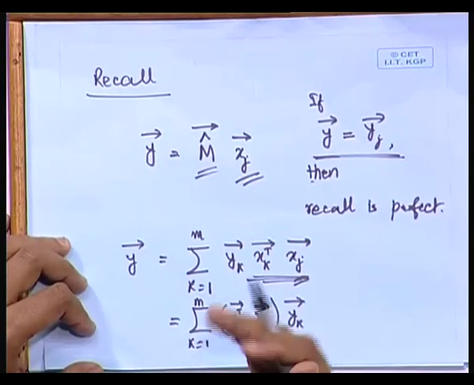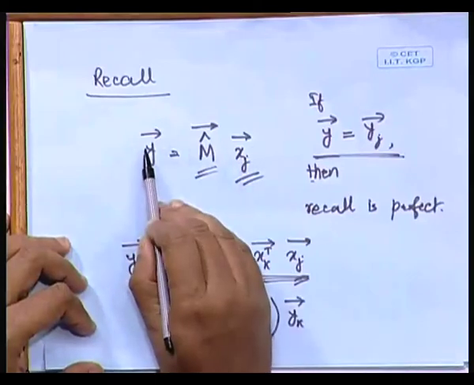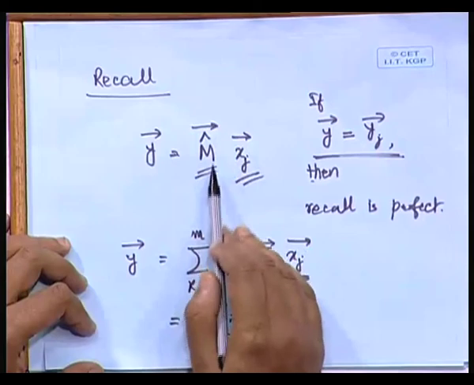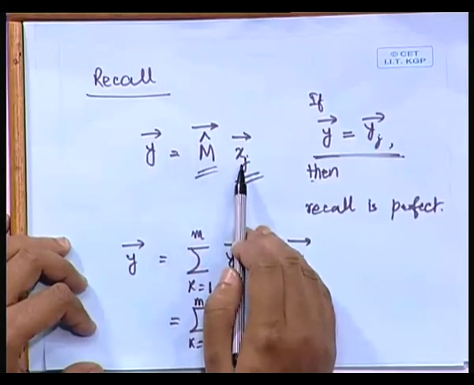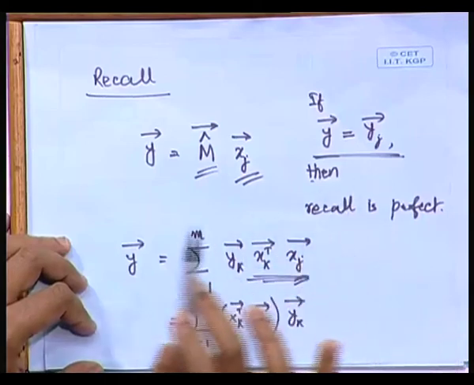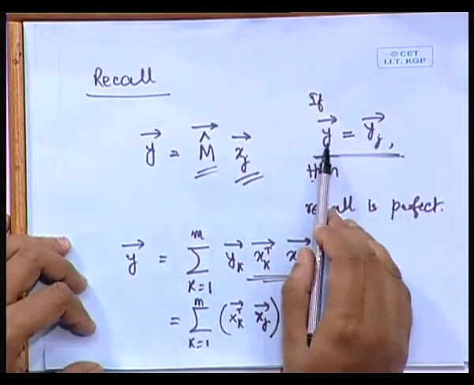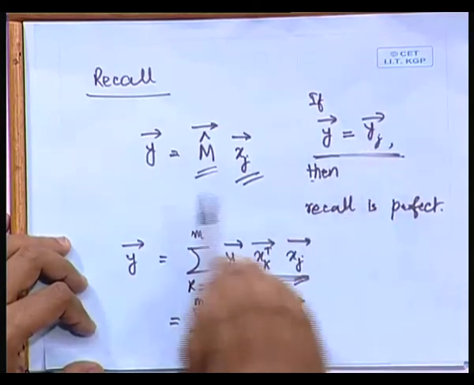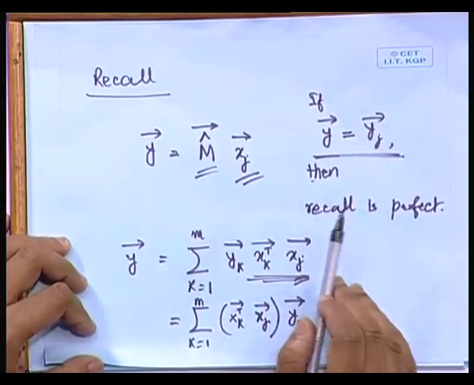We had just picked up a particular pattern xj, and then we got the output y as the product of this M matrix and xj vector. Now, what we are expecting out of this is that y is equal to yj vector, and let us see what we obtained in the process.